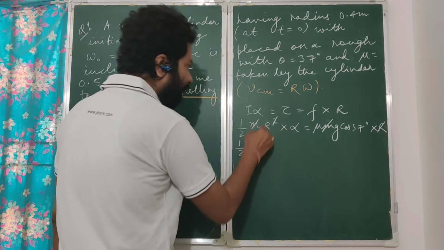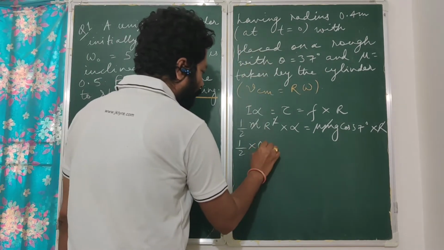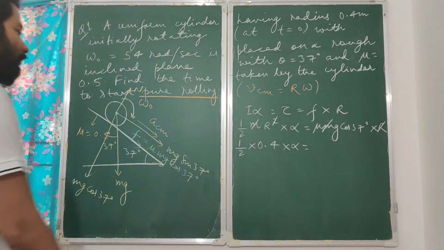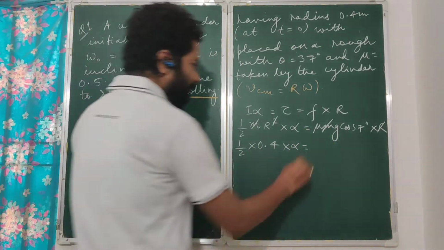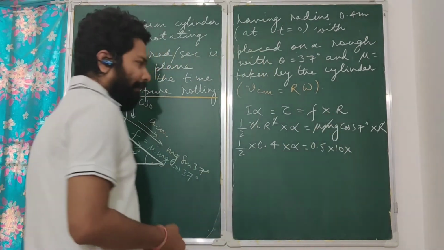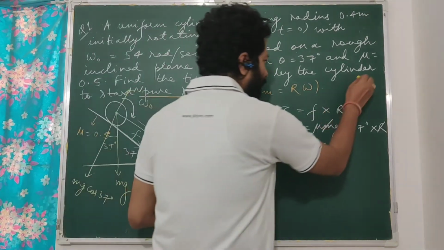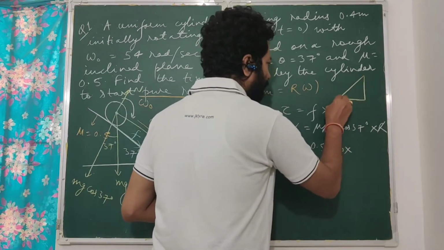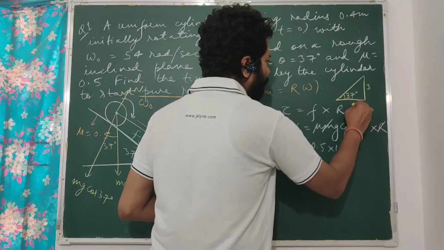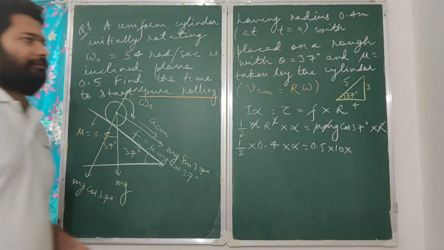Half into the radius, r given as 0.4, into alpha, is equal to mu, which is given as 0.5, into g, 10, into cos of 37 degrees. If you don't remember, I'll just draw this triangle which will help you. If this angle is 37 degrees, this side is 3, this is 4 and this is 5.